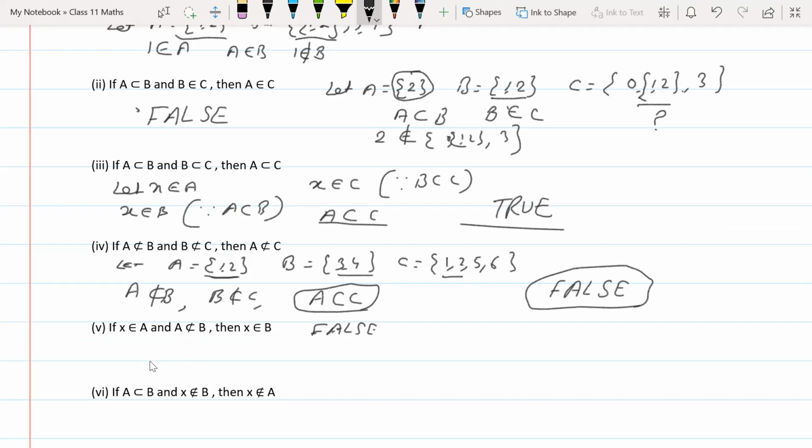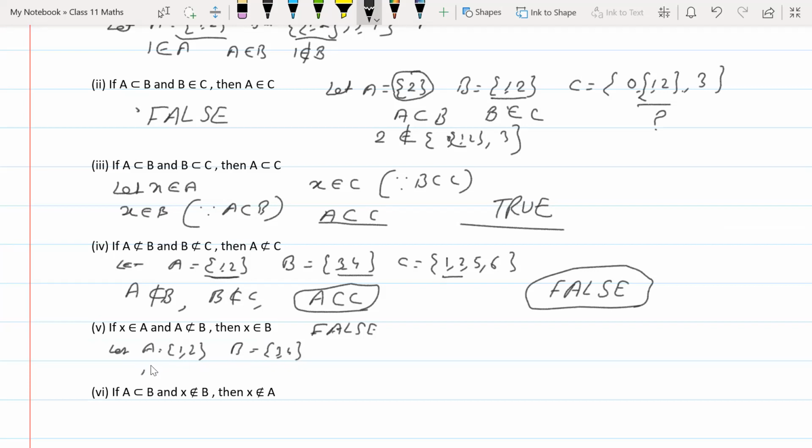Let set A be equal to 1, 2, and set B be equal to 3, 4.